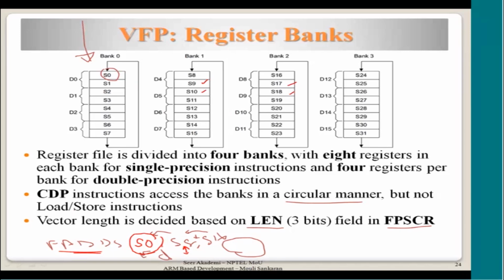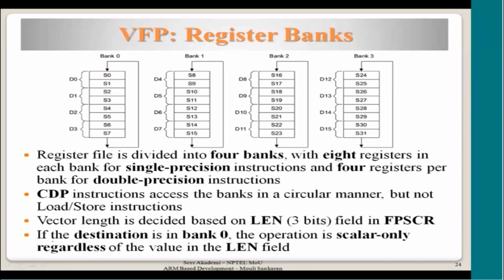Though the length field may say 6, it will not do a 6-element vector operation. It will only perform a scalar operation. That is what is conveyed in the last bullet of this slide. If the destination is a bank 0 register, the operation is scalar only regardless of the value in the length field. I hope this is clear to you. This is very critical and you should understand this. When I show you an example, you will be able to appreciate it.